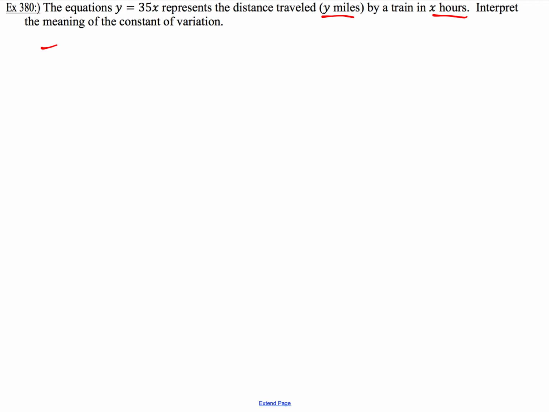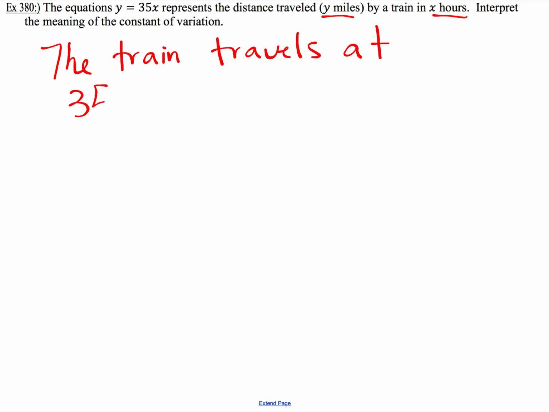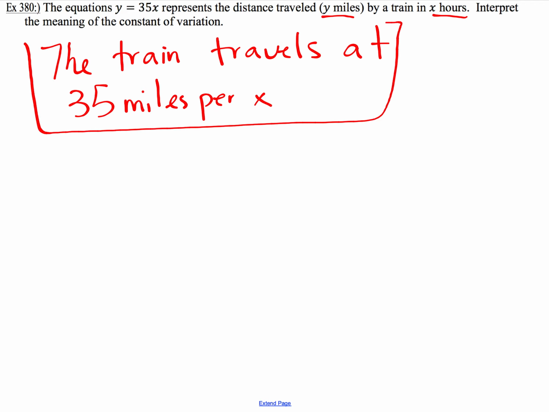What it means then is that the train, well, I probably should spell train, right? The train travels at 35 y miles per x hours. The train travels at 35 miles per hour.